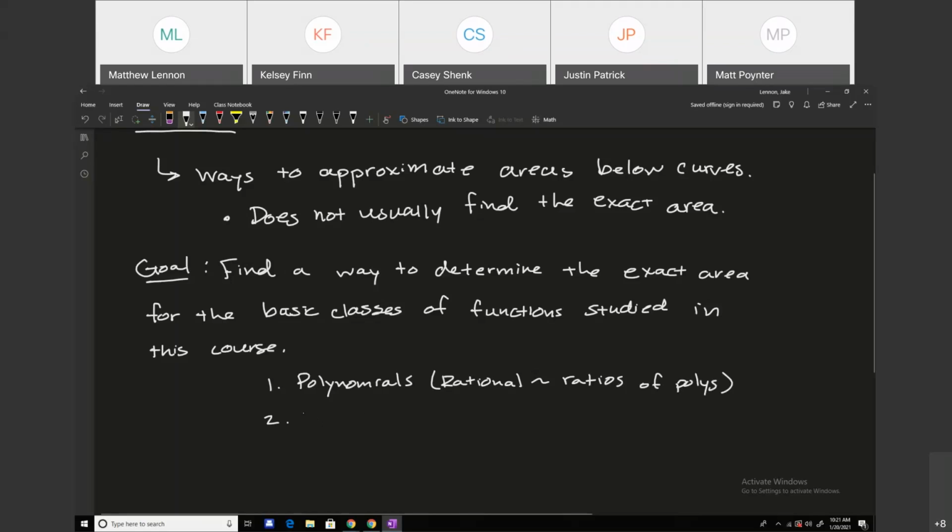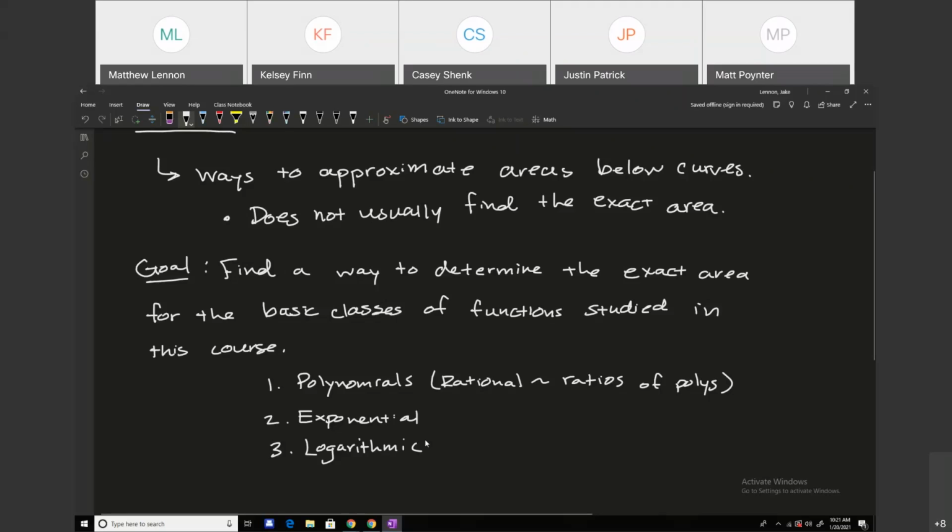We'll also look at the exponential functions, and we'll look at their inverses, the logarithmic. And that's pretty much all we look at in this course, versus an engineering calculus sequence. There's one big class of functions missing, namely the trigonometric functions.